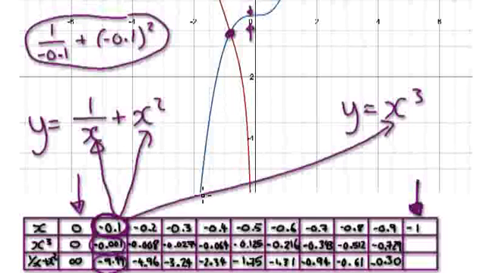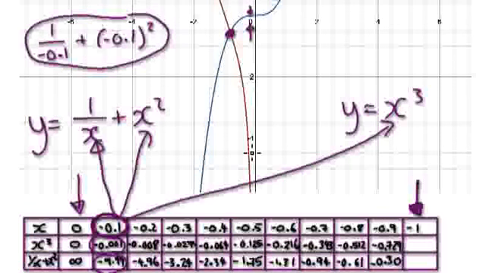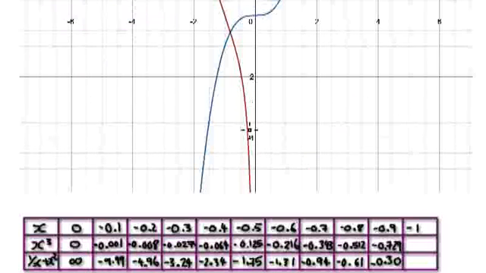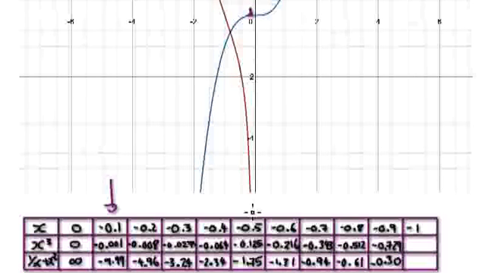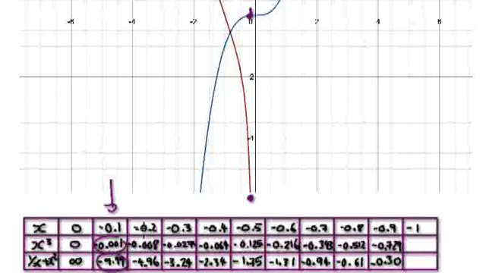Now you can see that the red line is a lot further below the blue line when x is at minus 0.1. So when x equals minus 0.1, let's say it's somewhere around here, the red line is a lot lower than the blue line.